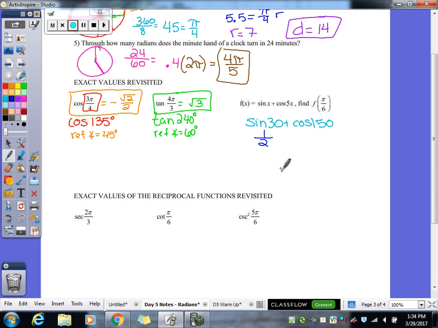Cosine of 150. You should know that. Our reference angle is what? Yeah, reference angle is 30. We are in quadrant 2 where cosine is negative. Radical 3 over 2. So they already have the same denominator. We just have to combine them into one fraction. So this ends up being 1 minus radical 3 over 2.